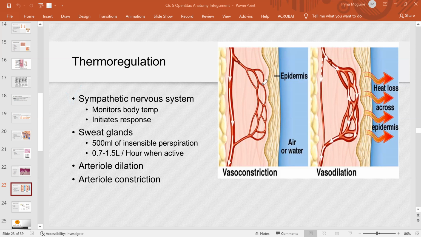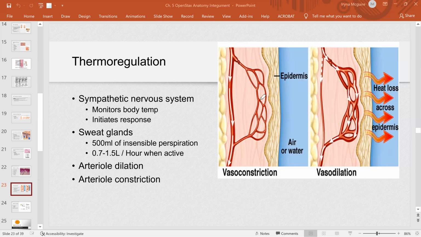So if you're hot, then more blood flows inside those capillaries of your dermis. So the capillaries dilate, allowing more blood flow. Your blood is pretty warm, so you will lose this heat. You will radiate the heat across the epidermis, so you get rid of extra heat.